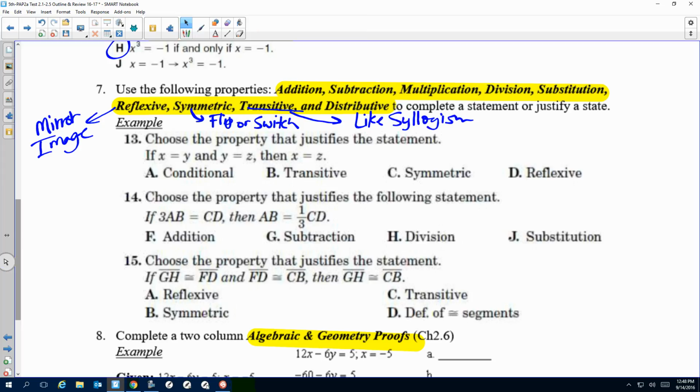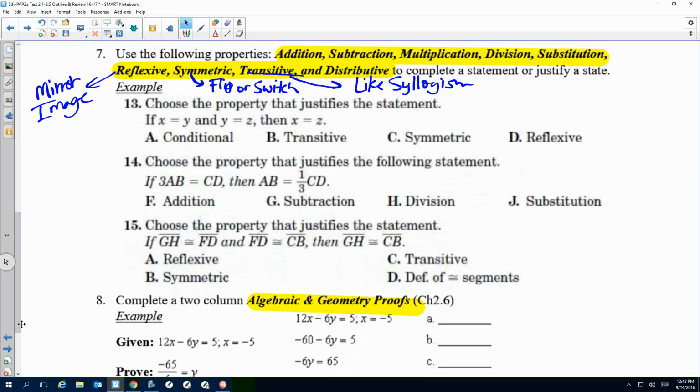All right, guys. I want you to do our property questions. See if you can pick the correct answer choice. Justifying using a property. Flip or switch. Mirror image.